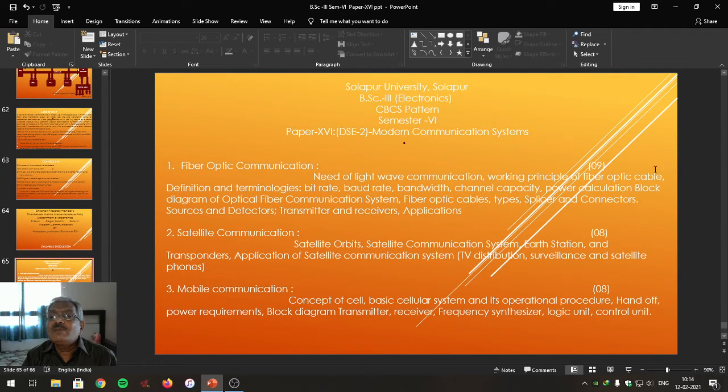How does optical fiber work? What is the principle of optical fiber? If light radiations are passed through the optical fiber, then by which principle does the propagation of the light radiation take place within the optical fiber? That we are going to study in the working principle of fiber optic cable.